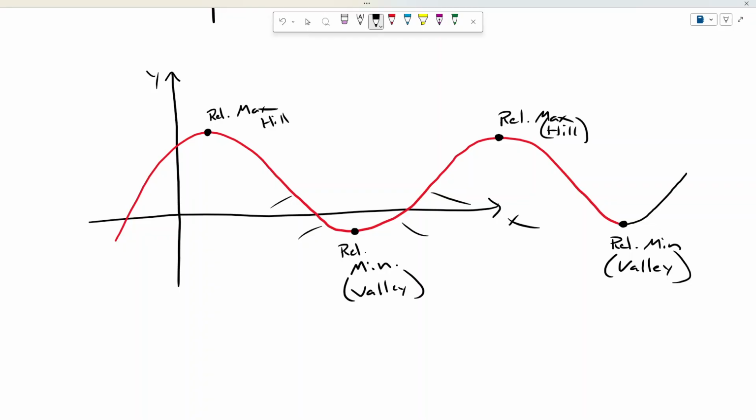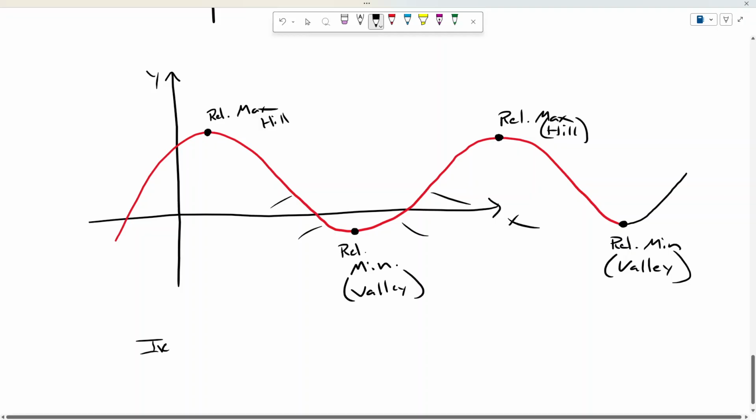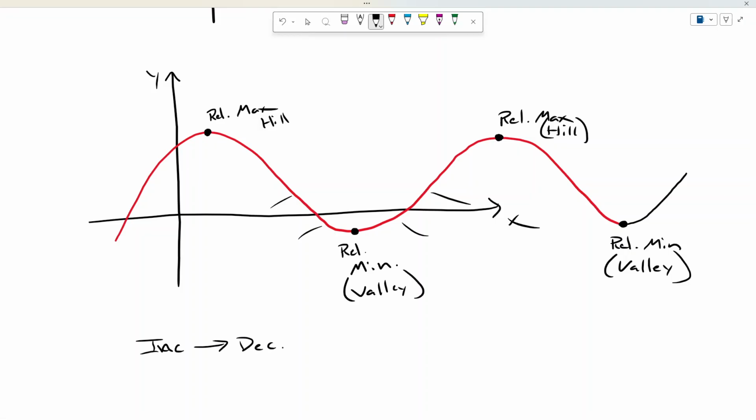And if you wanted to think of it in different terms, you could always think of it too as if we go from increasing to decreasing, that's equivalent to where we would have a max. Like here, we are increasing, because we know how to find that. We know how to visually pick that out now.